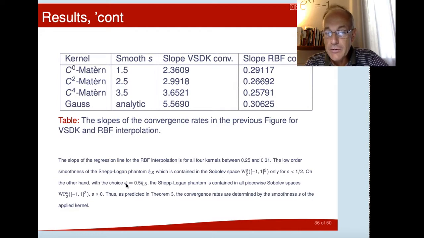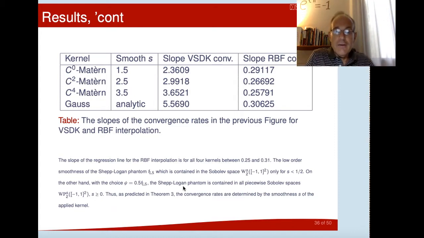On the other hand, if we use this psi, it increases the smoothness of the Sobolev space, which becomes this one for s bigger than 0. And thus, as predicted by the theory, the convergence rates are determined by the smoothness s of the applied kernel. And so we get a much better result.